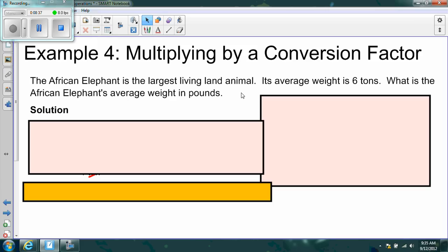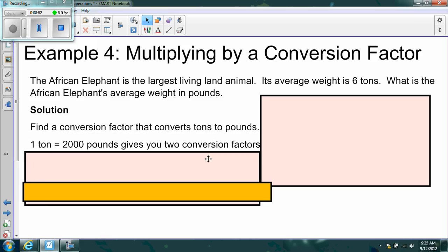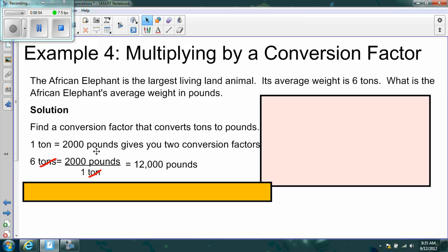Its average weight is 6 tons. What is the African elephant's average weight in pounds? First, we need to find a conversion factor, or that number that converts tons to pounds. In this case, 1 ton gives you 2,000 pounds, so that gives us a conversion factor.